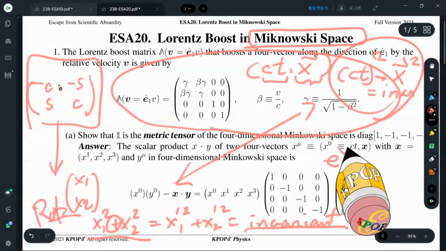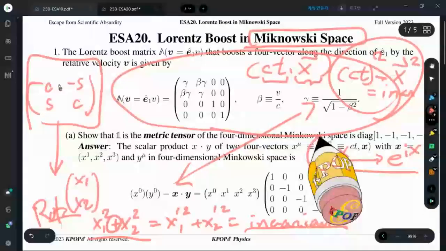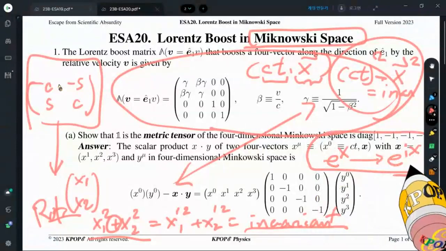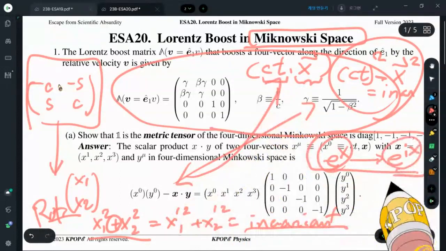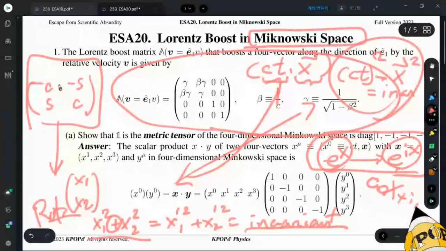you remember e to the x, e to the ix, they are correlated with analytic continuation. This exponential function and this is oscillating function, cosine plus i sine.